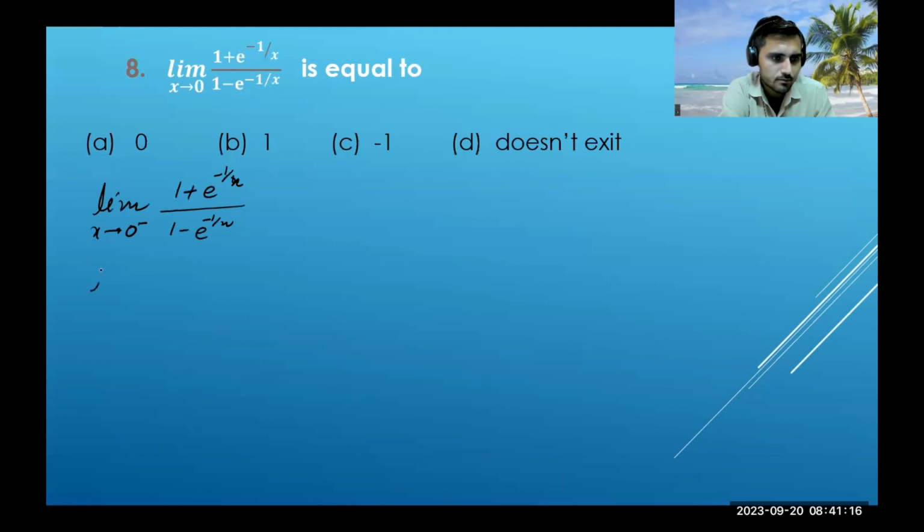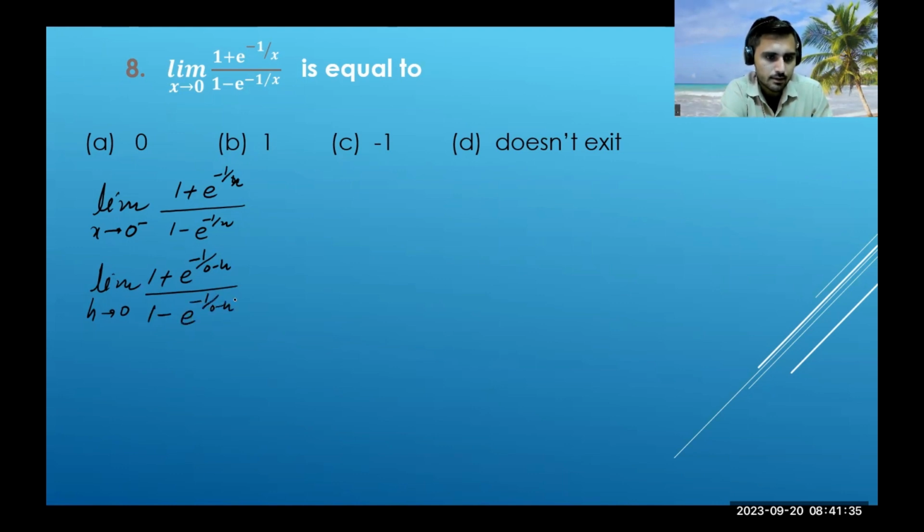What is the meaning of limit 0 minus? We'll take limit h tends to 0, and here we'll write 1 plus e raised to the power minus 1 upon (0 minus h), and 1 minus e raised to the power minus 1 upon (0 minus h).